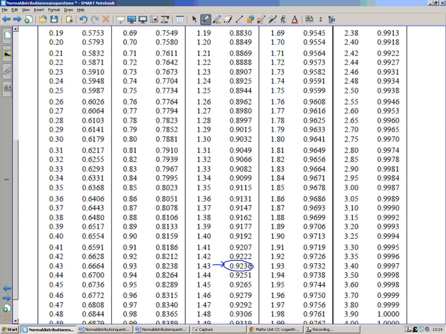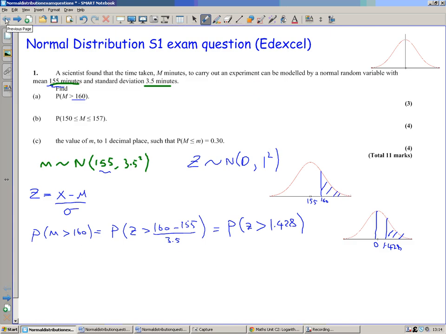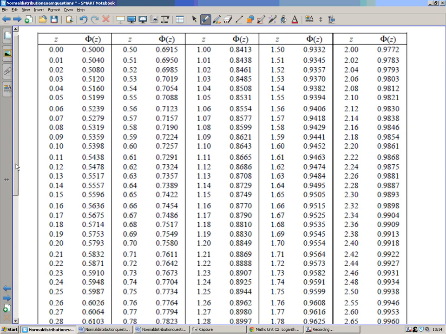What does that number represent? Which area? Yeah, so this number here would be the 0.9 whatever it was, and so we need to take that number away from 1, because we want the number greater than.